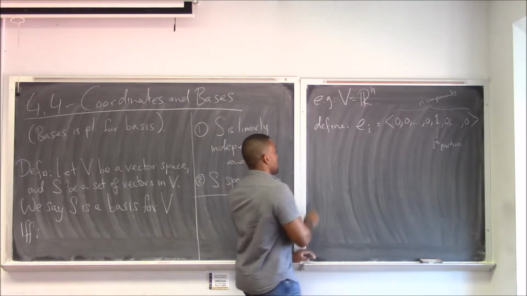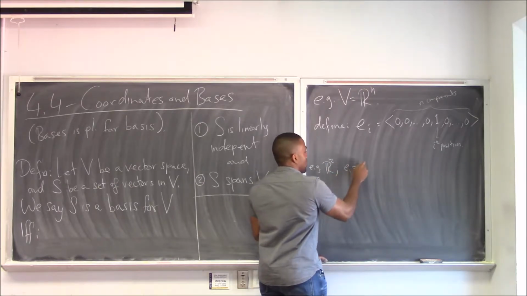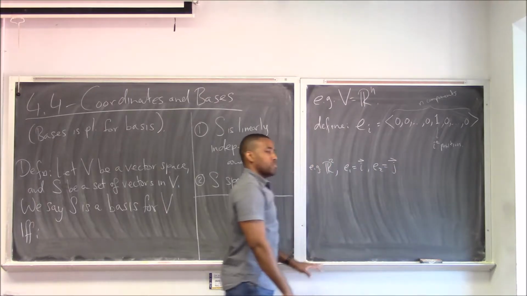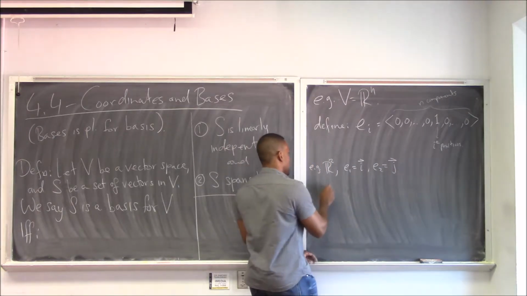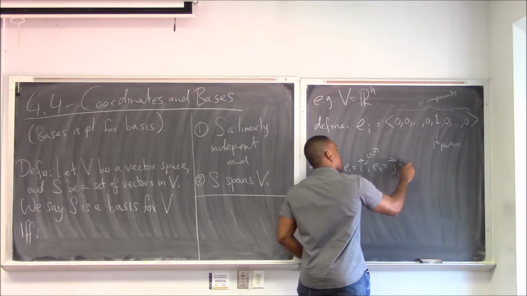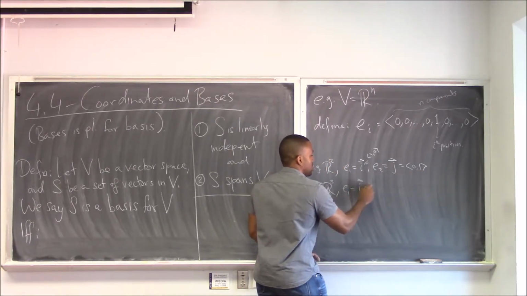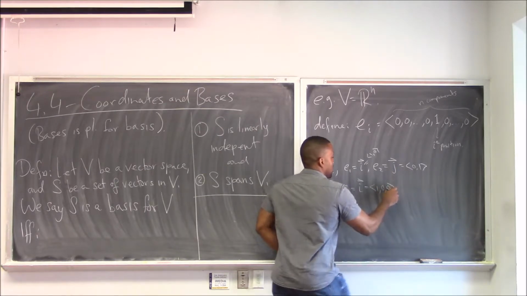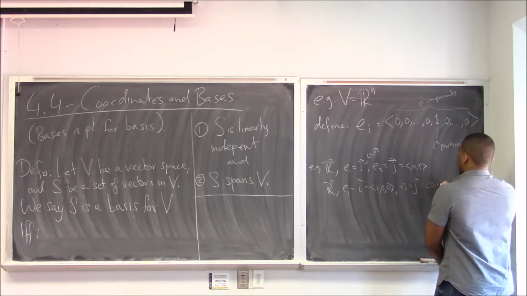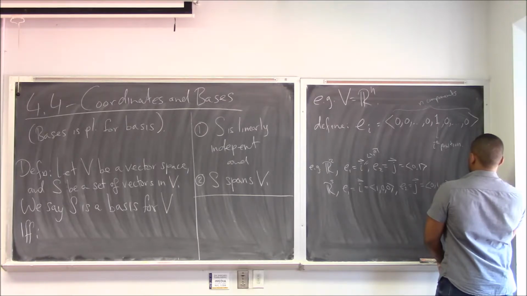And this is the ith position. Right? So there are familiar examples, of course. If we talk about R2, then my e1 is specifically the vector i, my e2 would be the vector j. There's no e3 because I don't have space for it. In R2, this would be the two-dimensional i, (1, 0), and this would be the two-dimensional j, (0, 1). In R3, my e1 would be the three-dimensional i, e2 would be the three-dimensional j, and e3 would be the three-dimensional k.